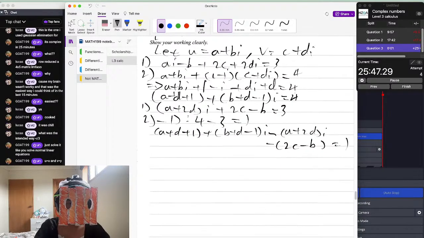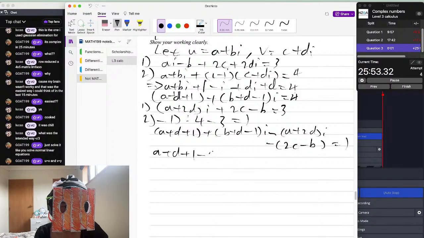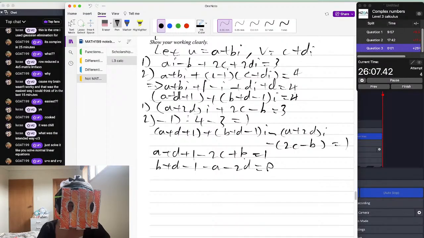Right. A plus d plus 1 minus 2c plus b equal to 1, b plus d minus 1 minus a minus 2d equal to 0.